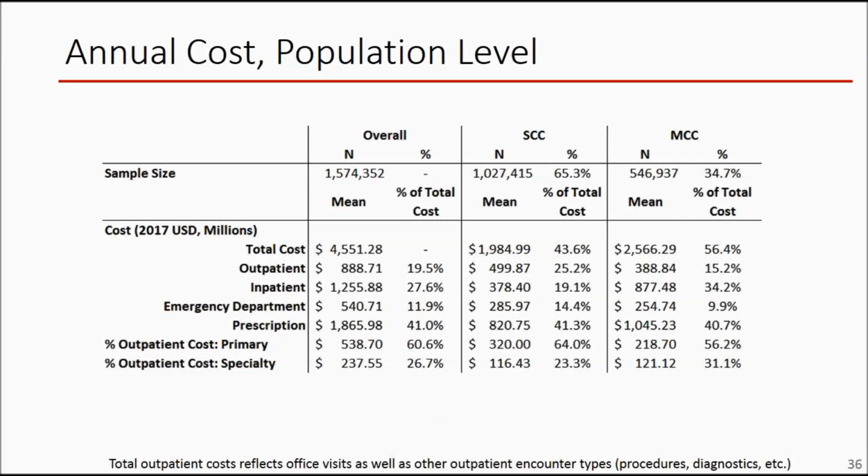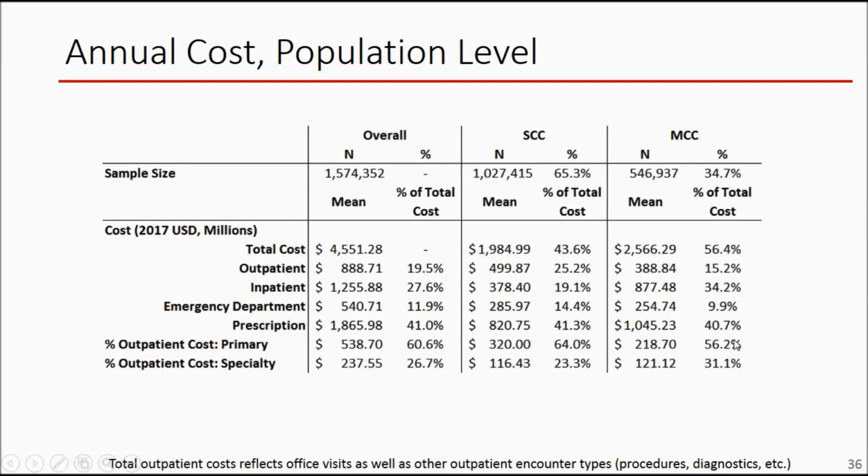And then cost at the population level. So this is $4.5 billion annually for children with chronic illness, and about 56% of that, or 2.6 billion annually, comes from the MCC population. A lot of this is driven by inpatient and pharmacy costs. So pharmacy is 40% and 30% for inpatient.